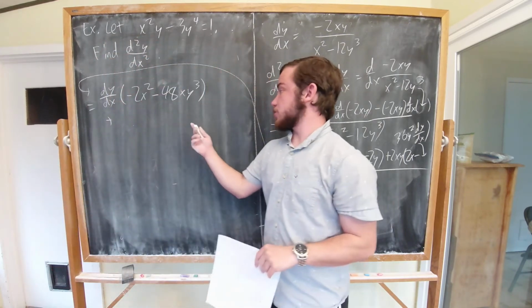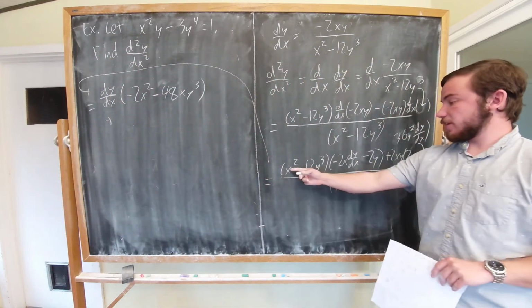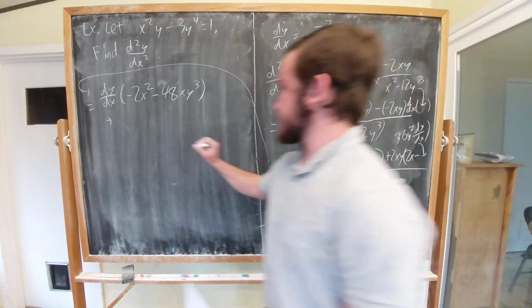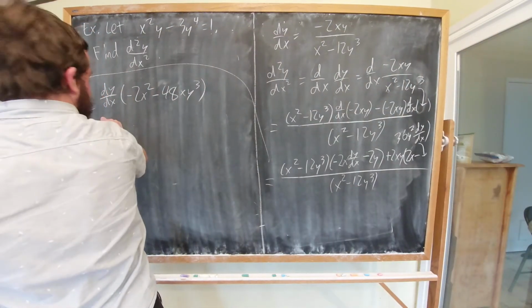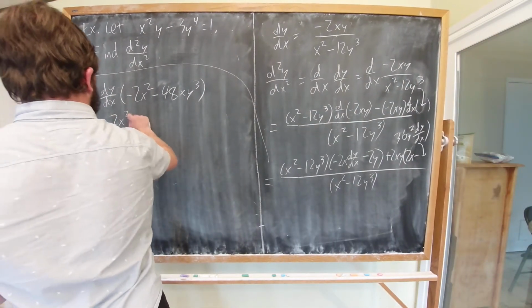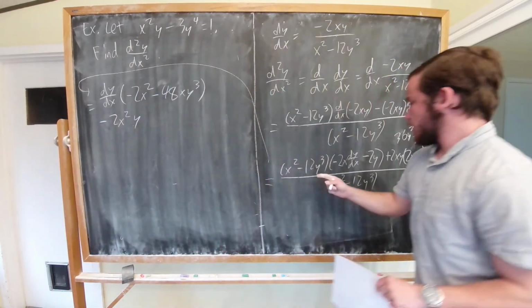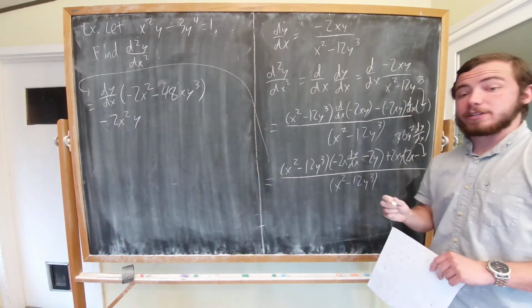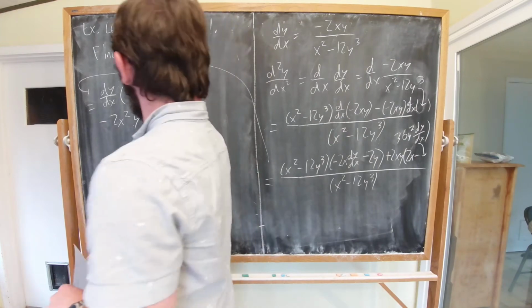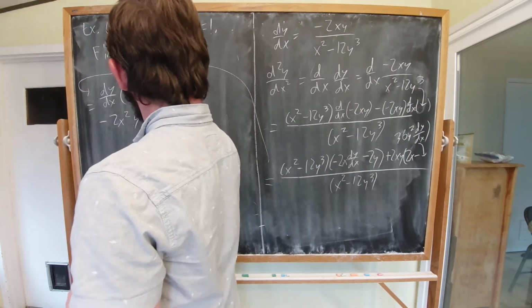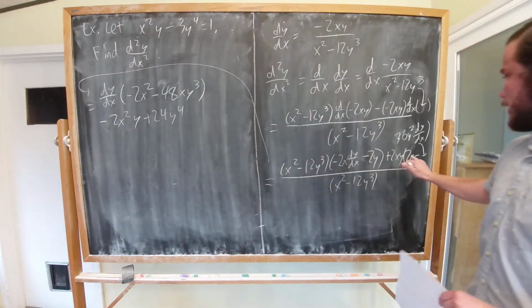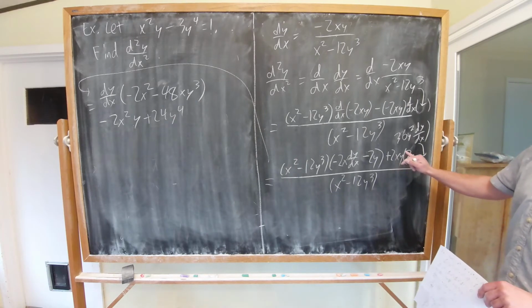And then what other terms do we have? Distributing, we have a minus 2x squared y. We have a plus 24y to the fourth. Then over here, we have one more term left.